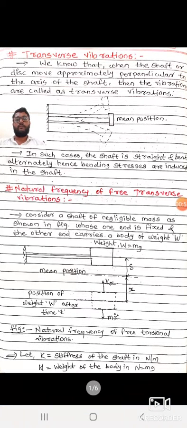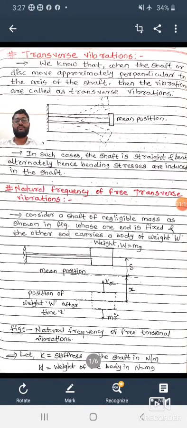The dotted portion means there is a deflection, and the mean position is its initial position. In such cases the shaft is straight and bent alternately, hence bending stresses are induced in the shaft.